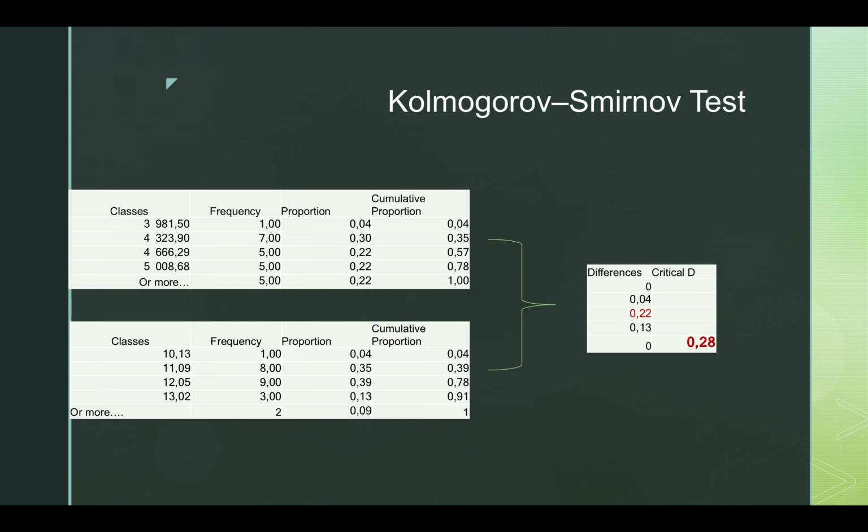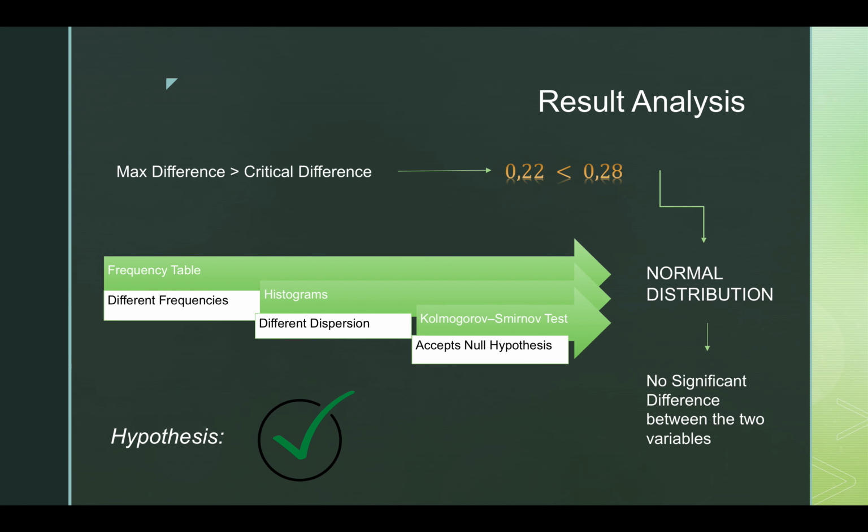The maximum difference in each range is 0.22, and when we enter the data in the equation to get the critical difference, we get a value of 0.28. So 0.28 is higher than 0.22, so the maximum difference is smaller than the critical difference. So we are in the case of normal distribution, and there is no significant difference between the two variables.